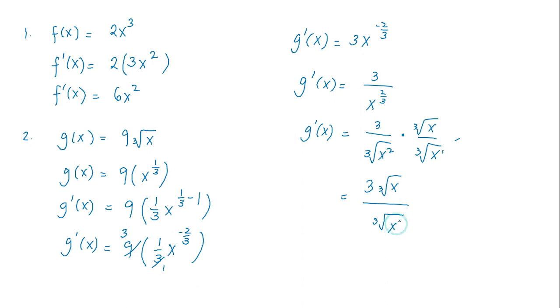So, the answer is x cubed. So, magka-cancel na yung cube root at saka yung x cube. So, ang matitira is g prime of x is equal to 3 cube root of x over x.